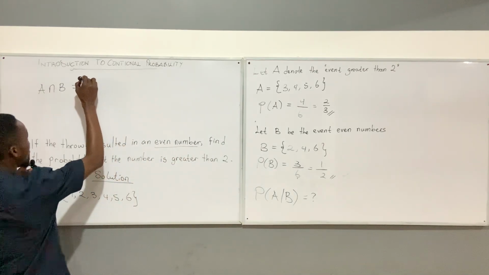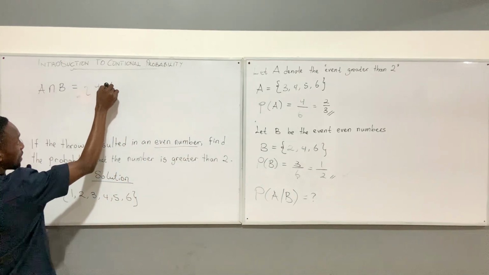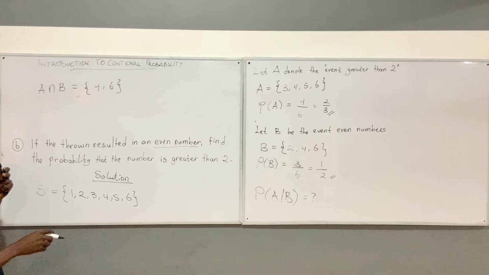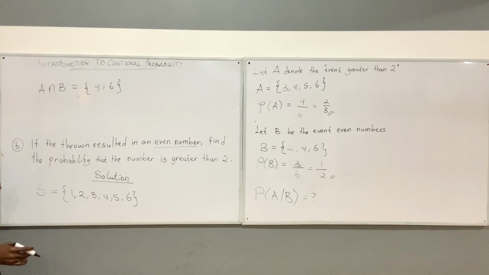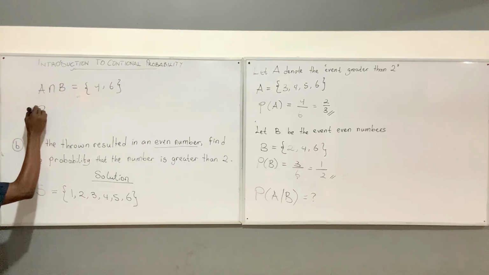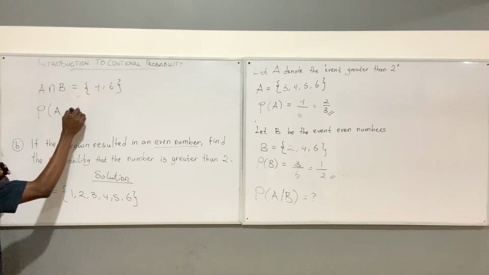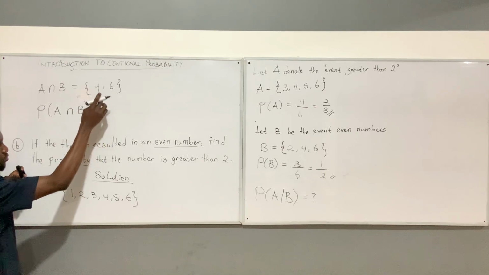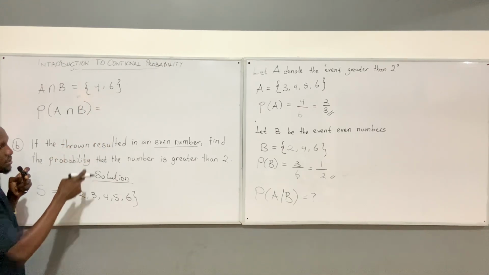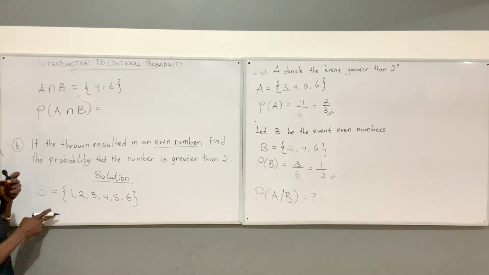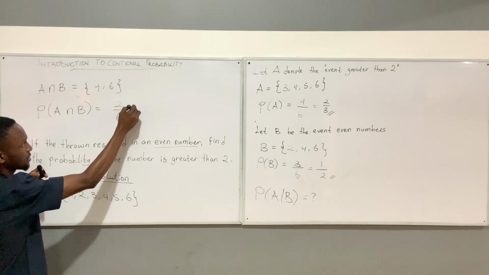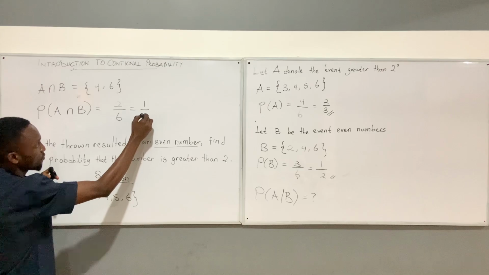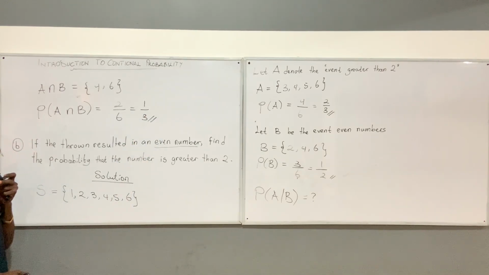So we have the members to be 4, 6. After finding A intersection B, we need to find the probability of A and B occurring at the same time. So the probability of A intersection B is A intersection B divided by the number of S. That gives us 2 divided by 6, which is 1 out of 3. Still, we are not done.